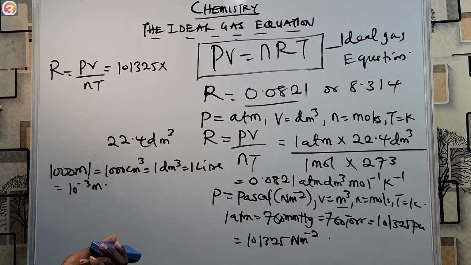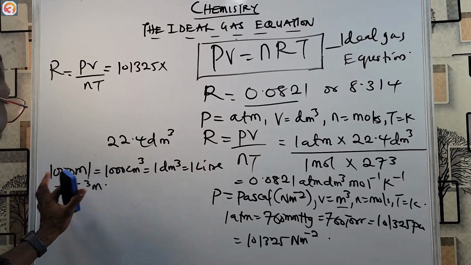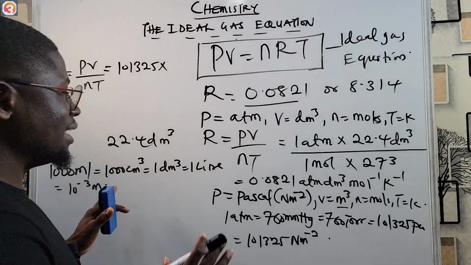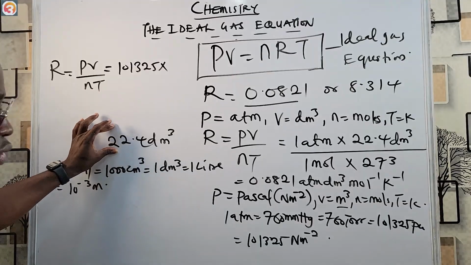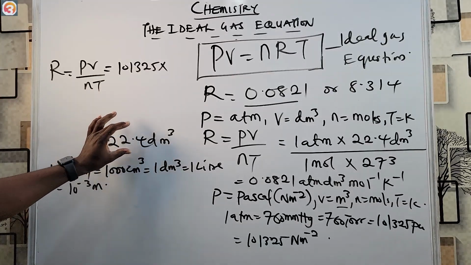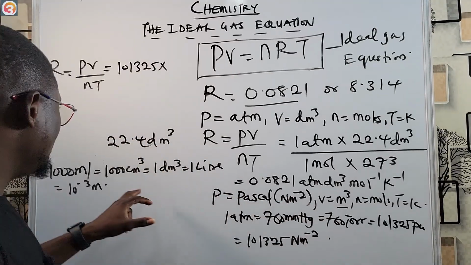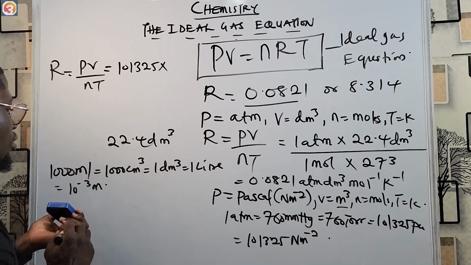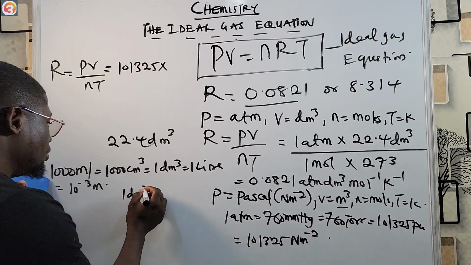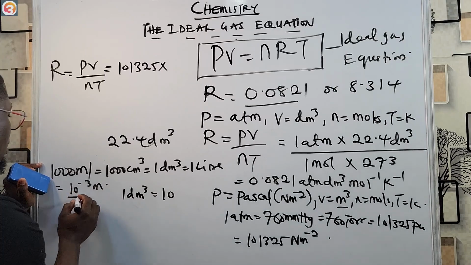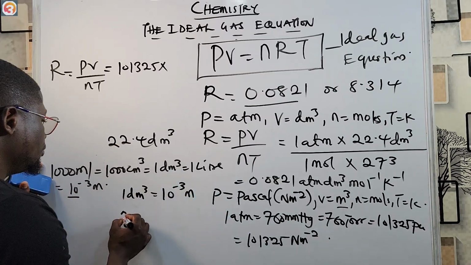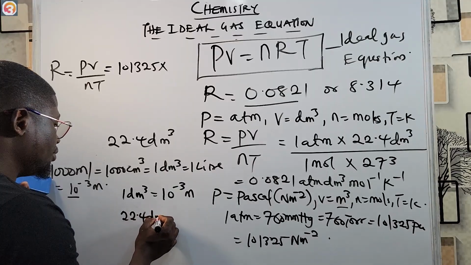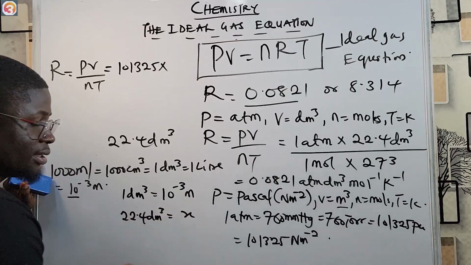So if you know this conversion at the back of your head also, then you can easily convert dm³ to meter cube. Since you know that 1 dm³ is equal to 10 to the power minus 3 m³, then 22.4 dm³ will be equal to x.